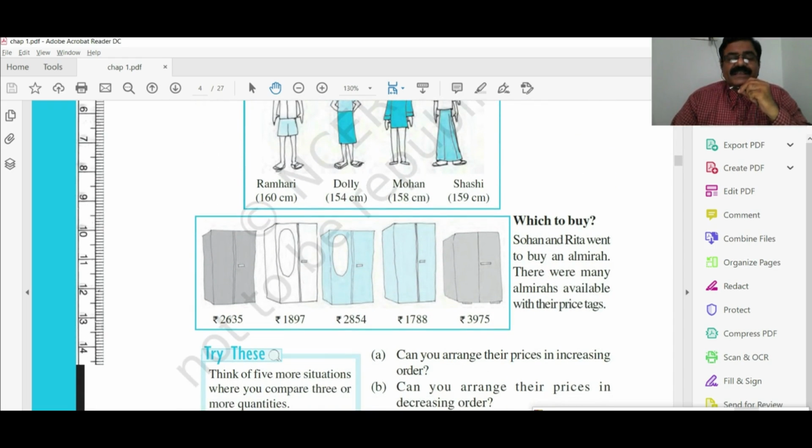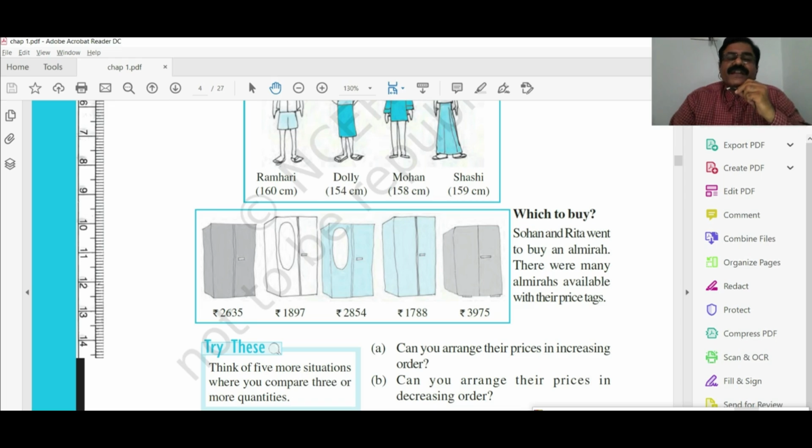So by seeing them, you can find which one is greater in height and which one is smaller in height. Ramhari is having 160 centimeter, so Ramhari will be greater in height, while Dolly is 154 centimeter, so obviously Dolly will be smallest in height.